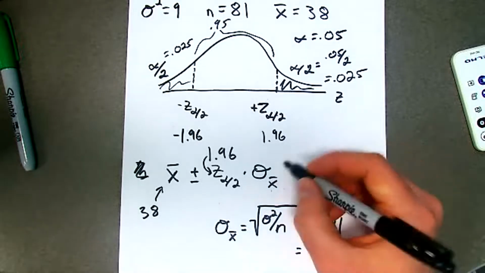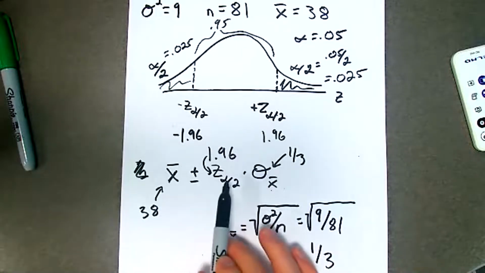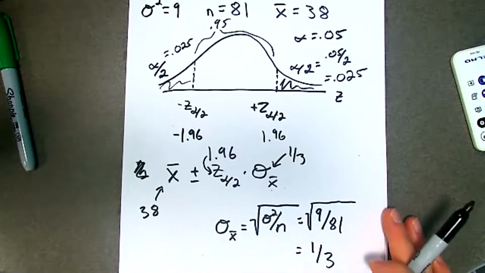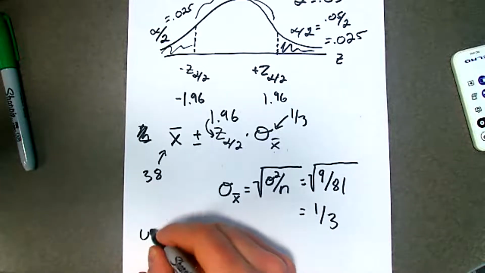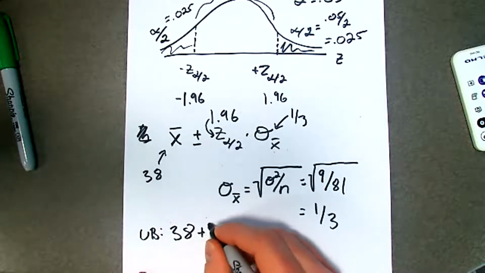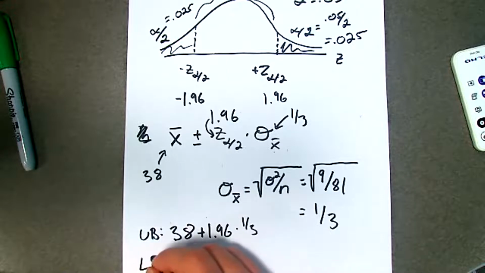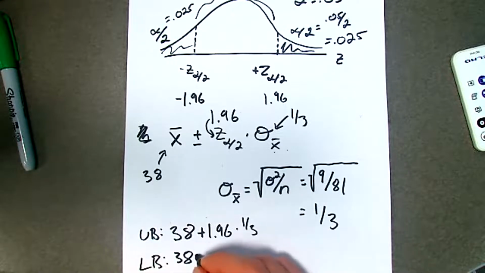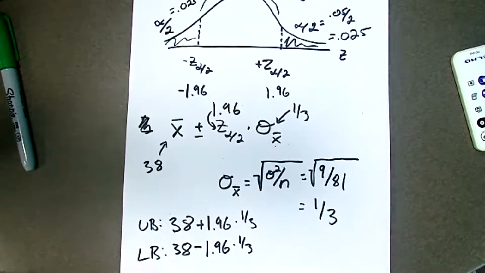So I can plug that value of 1/3 in, and now it's really just some pretty easy computation on my calculator. To get my upper bound, I would just take 38 plus that margin of error. And to get my lower bound, I would take 38 and subtract that margin of error.